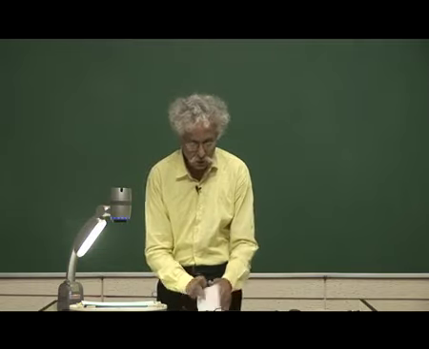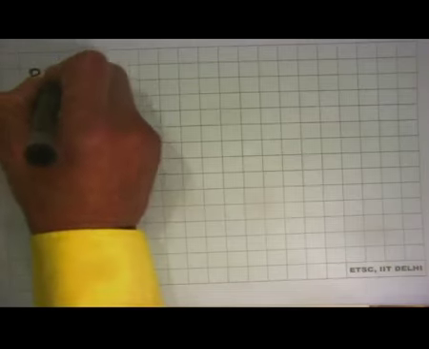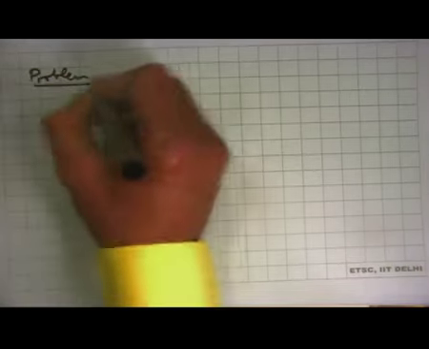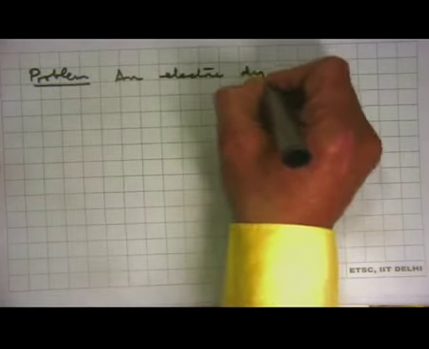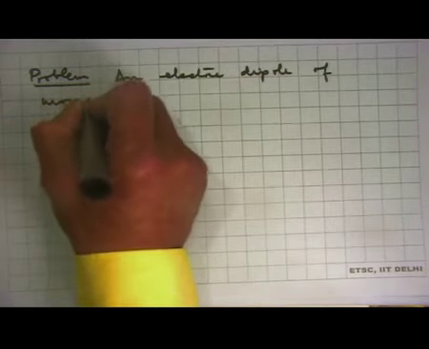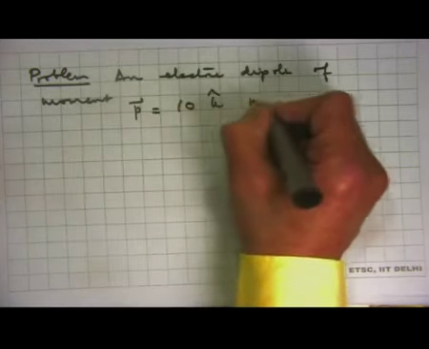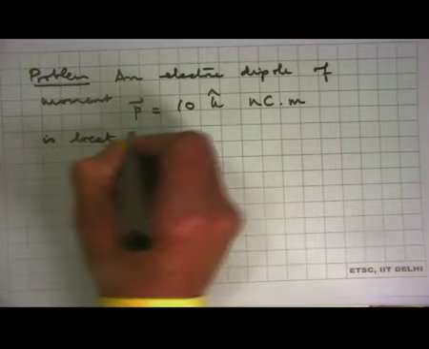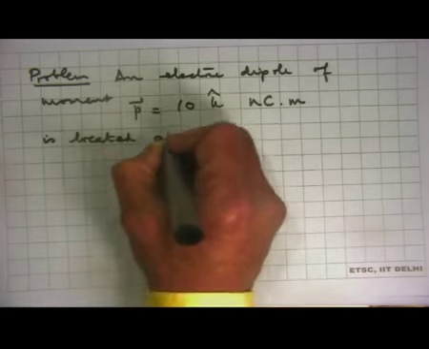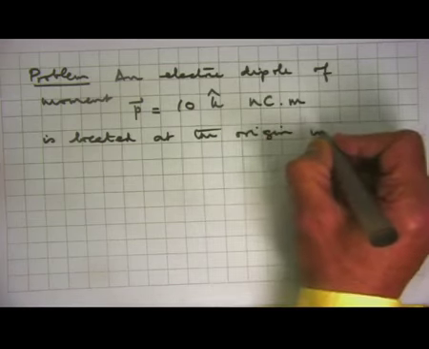Now, I want to close the lecture with a small problem. An electric dipole of moment P equal to 10 k cap is located at the origin in free space.